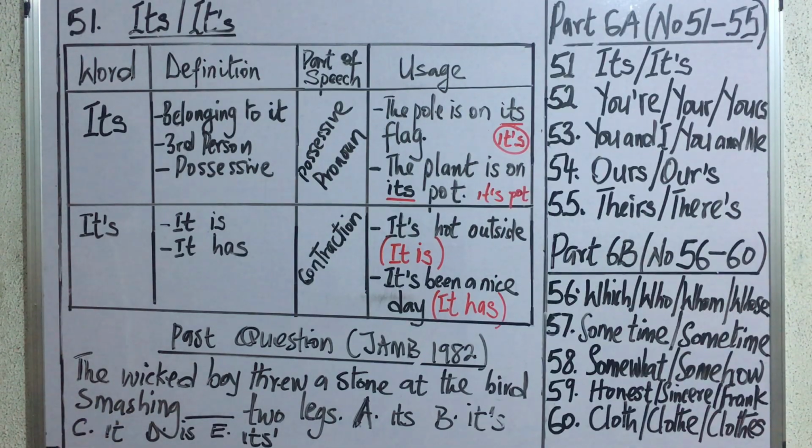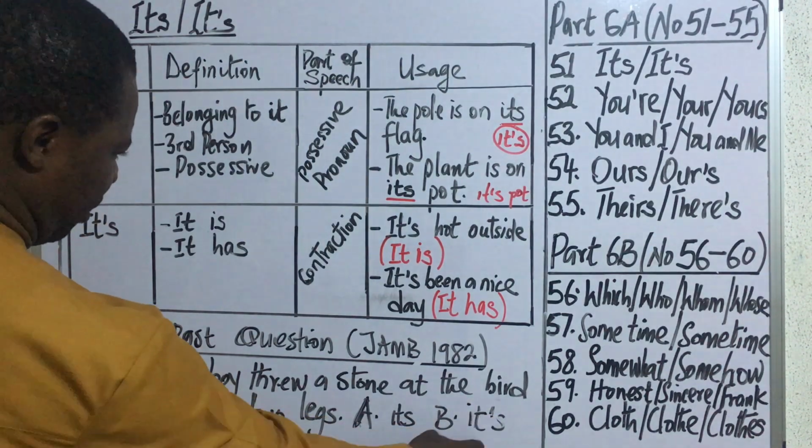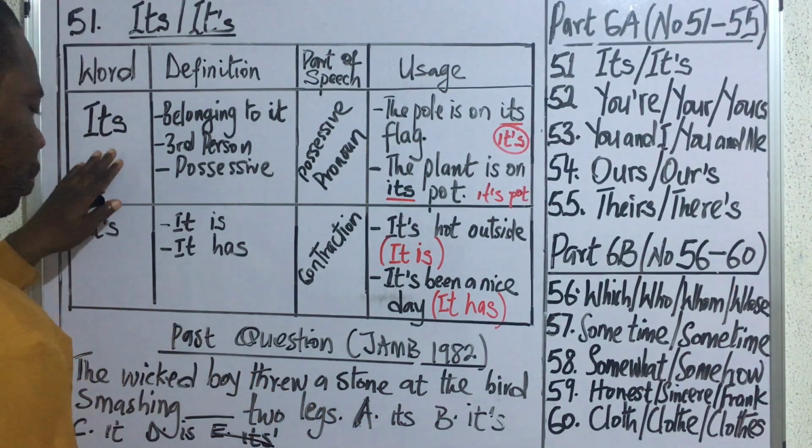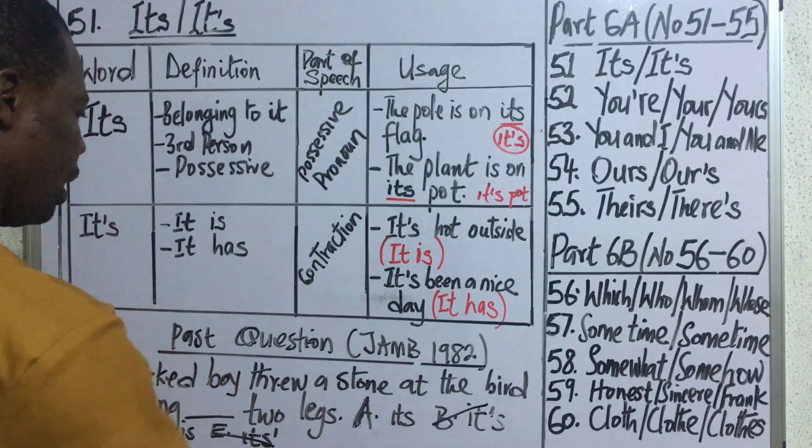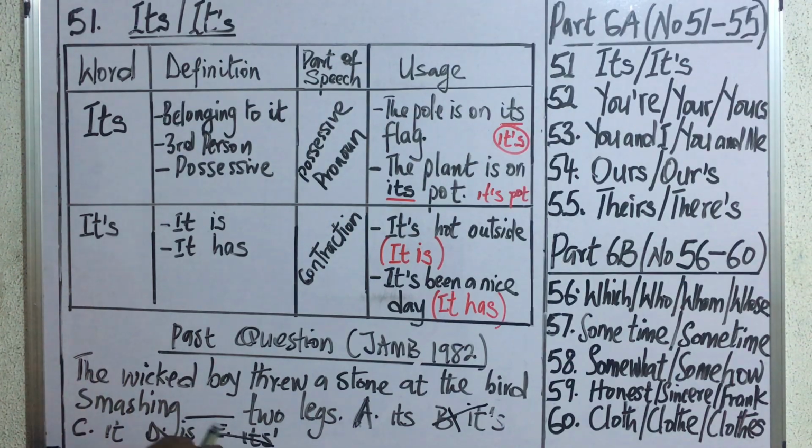So when you look at these options correctly, this one is not properly written. There is no apostrophe after it. This one is well written, but it means it is or it has, like we explained, so it cannot go. And then here you have how many options remaining? It and is.